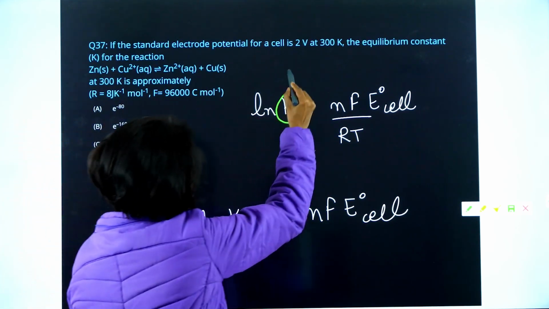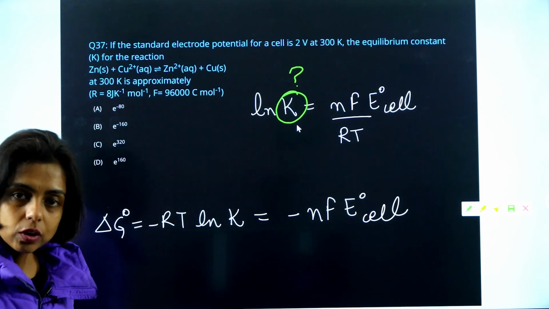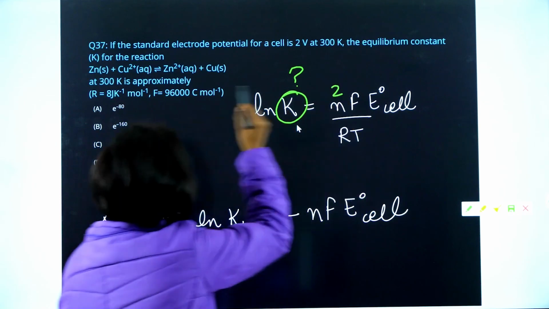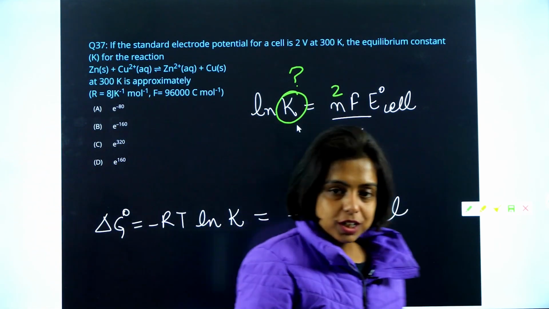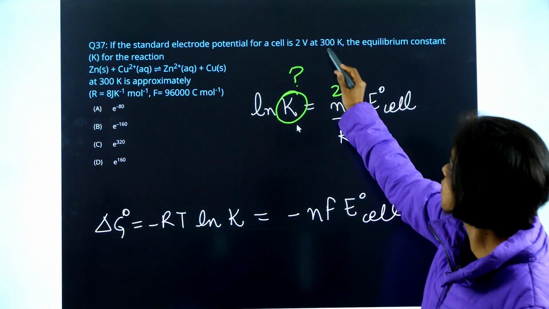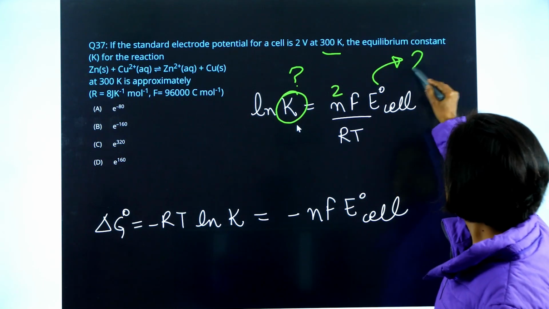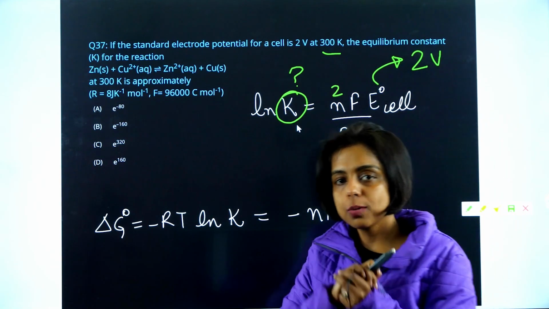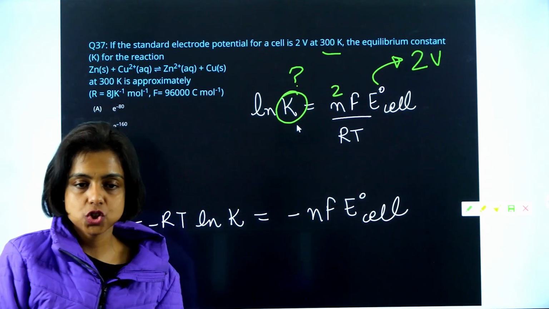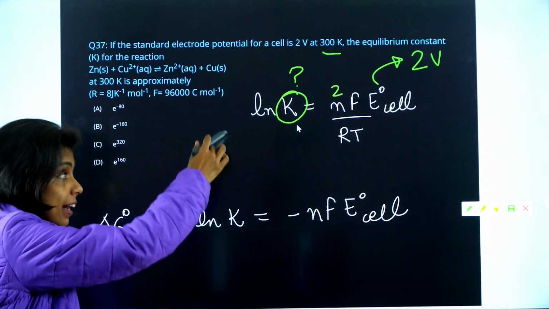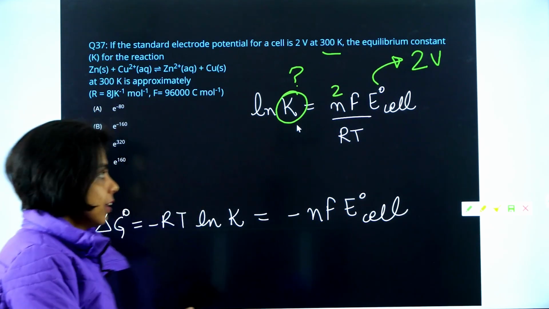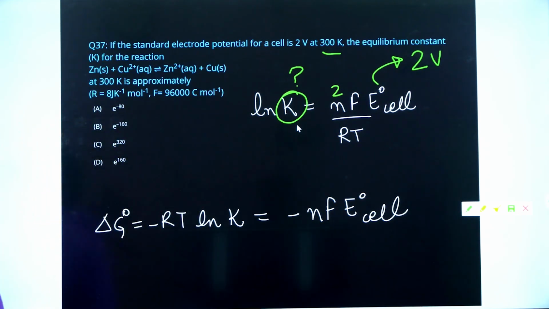So in this question, you are supposed to figure out K. n is 2, you can see the reaction. Faraday's constant, you all know. R is given. Temperature is also given, 300 Kelvin. E naught cell is 2 volts, right? So by simply putting the value in this relation, you can figure it out, and it is ln. You are not supposed to calculate the logarithm. They have given you the exponential powers, right?